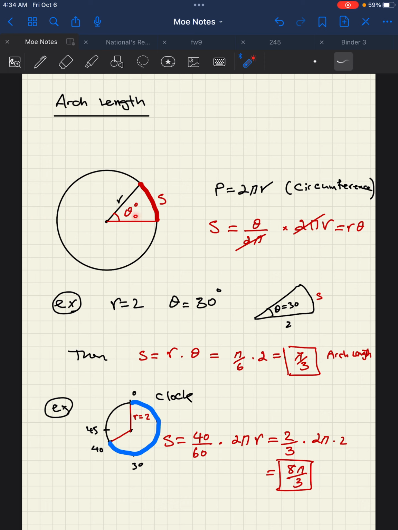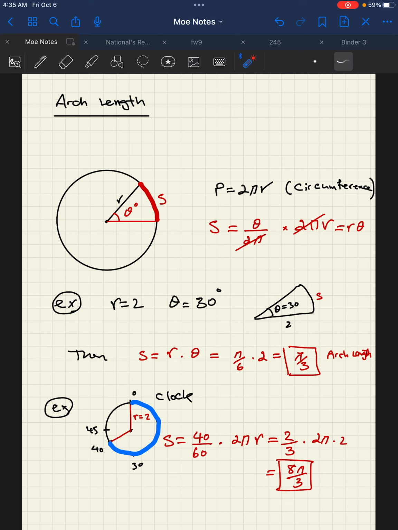So if your angle is theta, the ratio of this to that is theta over 2 pi, because theta is just a portion of this full circle, which means if you were to figure out this section, you need to know the ratio of your angle with respect to the full circle.